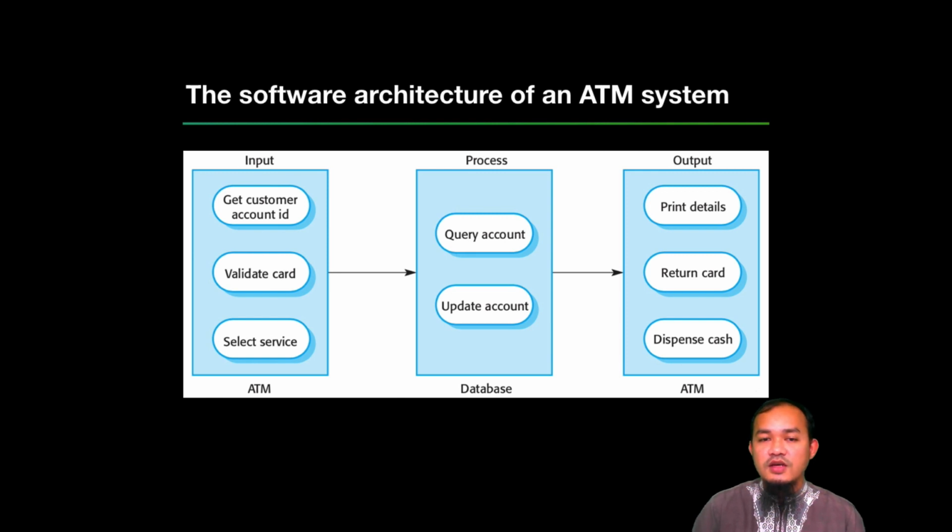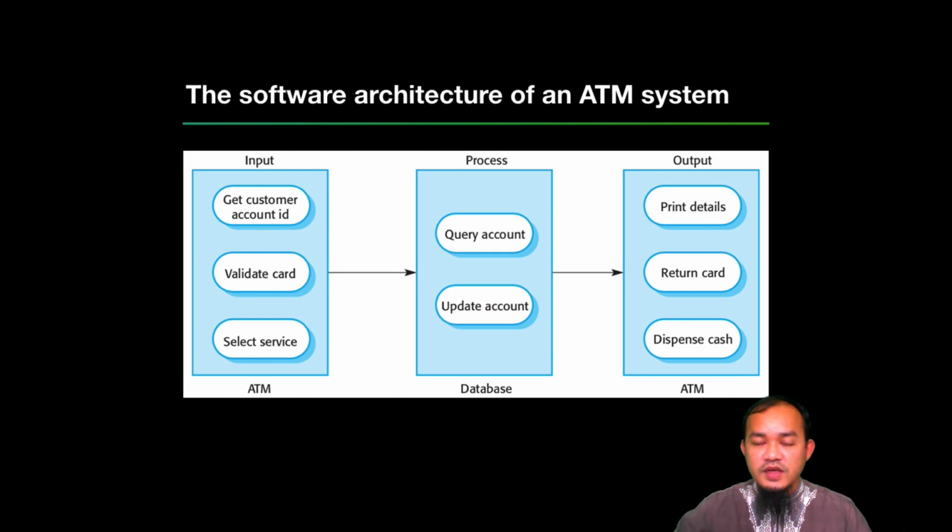In processing, we query the account and update the account. For the output, we print details, return the card, and dispense cash, for example when you withdraw. This is the example of an ATM system that represents a transaction processing system implementing the software architecture.